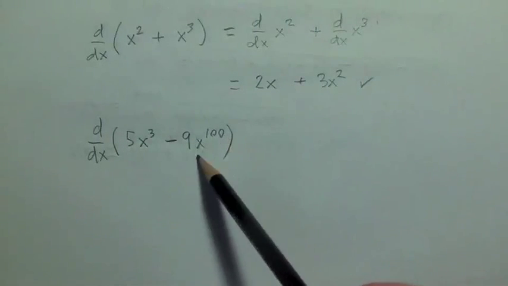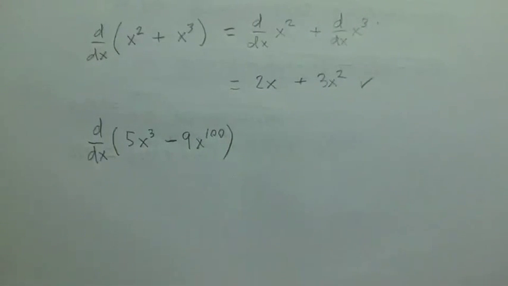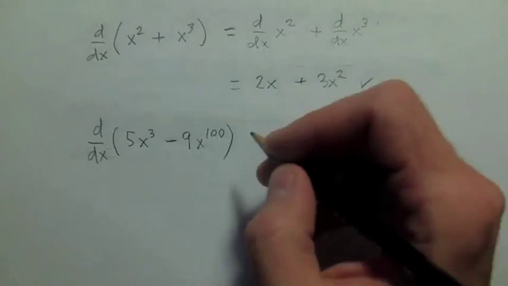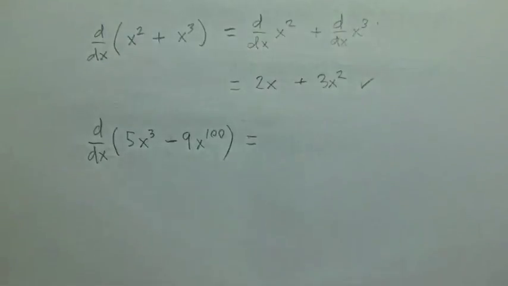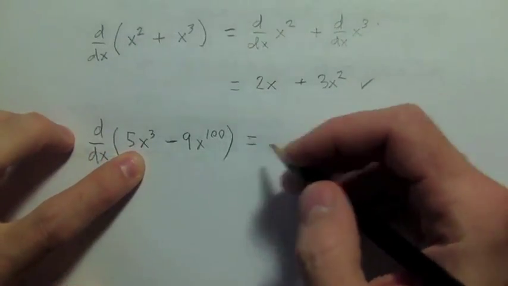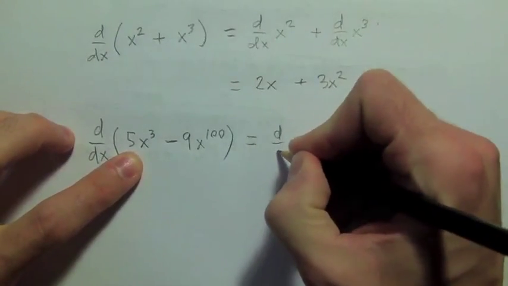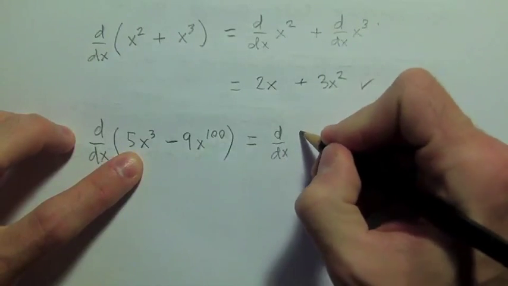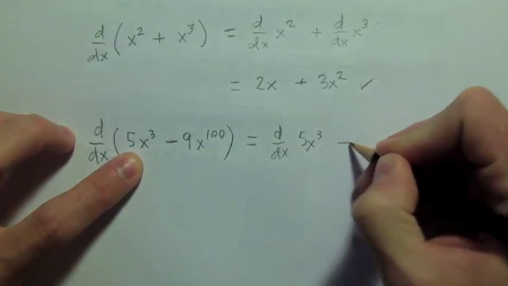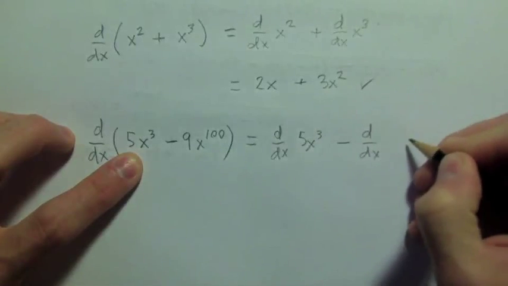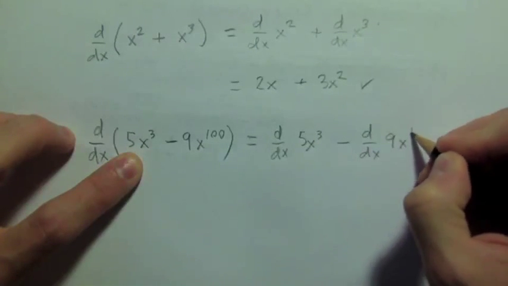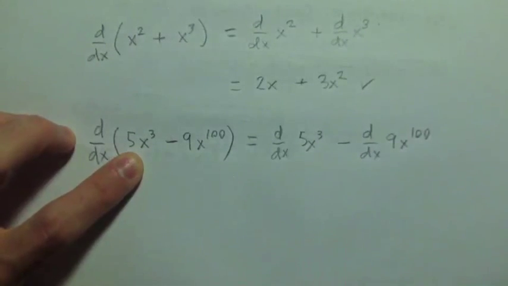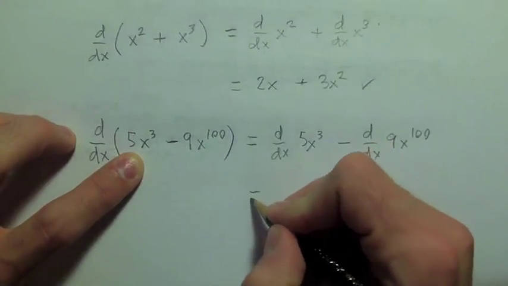Imagine expanding that out, how long that would take. Well, now we know it's just the sum of the derivatives. It'll be the derivative of this first guy, 5x cubed, minus the derivative of this second guy, 9x to the 100th.